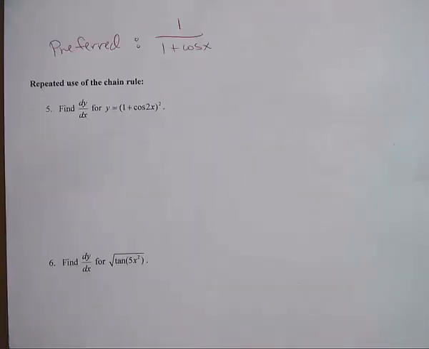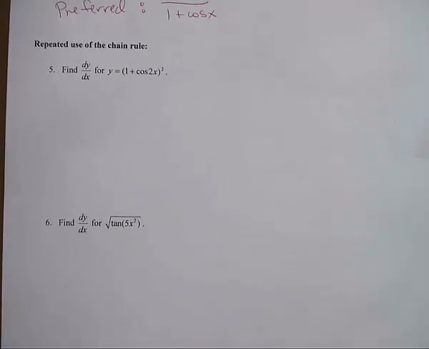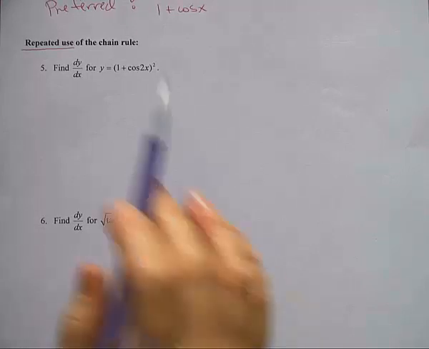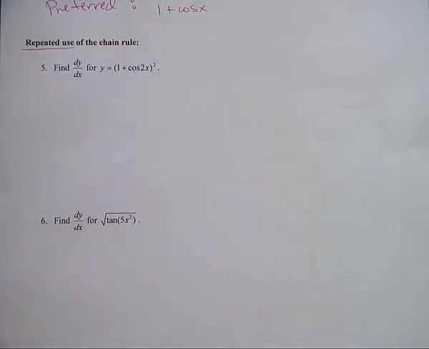To end the video today, we'll end with the most complex examples, which would be the repeated use of the chain rule. Because you're not always only going to have 2 layers, sometimes you might have 3, 4, or even more layers. Meaning you'll have one function plugged into another function, plugged into another function, plugged into another function. And then this function here is an example of that.